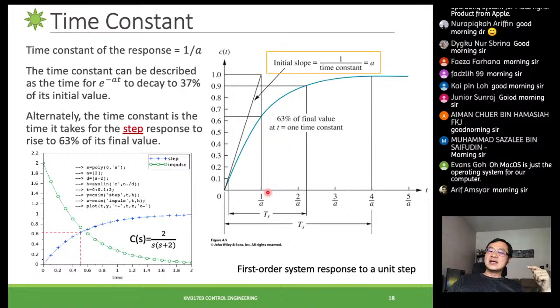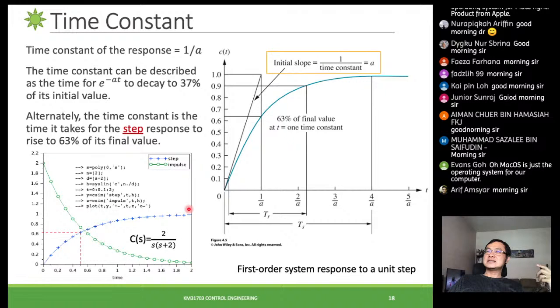So this is the characteristic of the time constant, right? So again, you can see this is the value of it. This blue line is exactly this line. So I just regenerated it using Scilab.